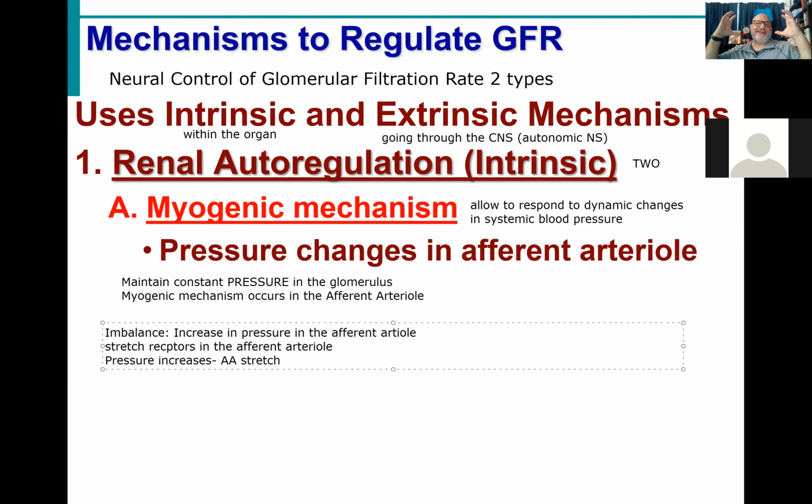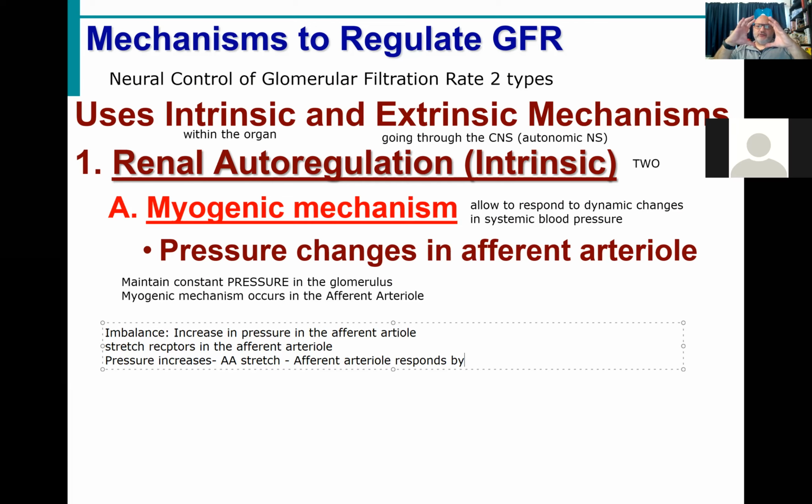And using intrinsic controls, how do you think our afferent arteriole responds? How could the afferent arteriole bring the pressure back down? Come on, give it to me. Pressure inside of a blood vessel increases.